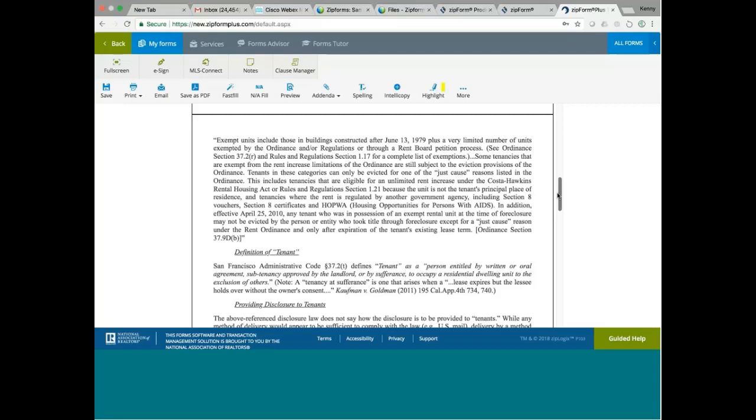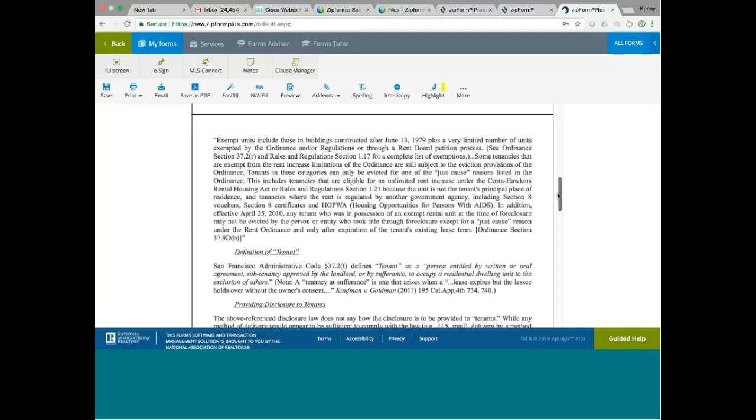Now, if they were there without the landlord's permission, an argument can be made that they are not a tenant. But if they are there with the landlord's knowledge and the landlord agreed to it, they could be considered a tenant. So when you want to do an owner move-in, you have to consider them and add a relocation expense for that particular person.